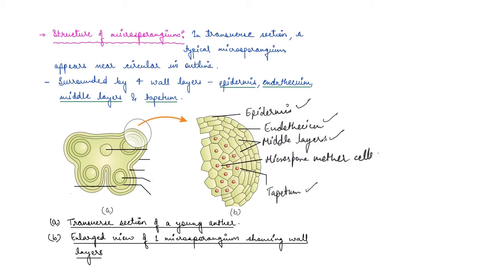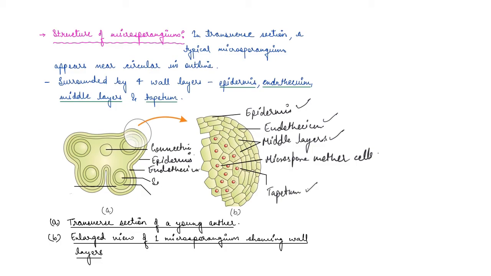So if I just label this diagram, which is nothing but a young anther, what you will see is that this is nothing but connective tissue. This is epidermis, this is endothecium.